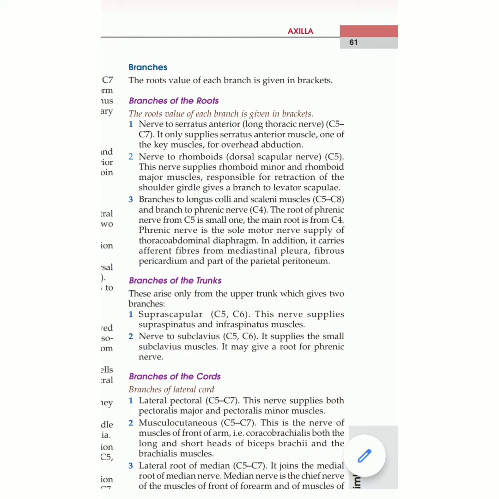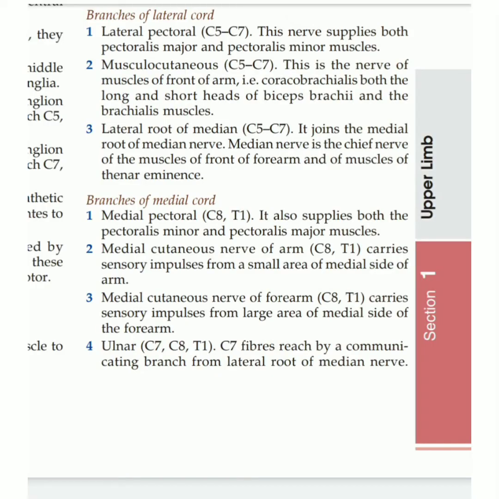Branches of the cords. Branches of the lateral cord. 1. Lateral pectoral nerve, C5 to C7. This nerve supplies both the pectoralis major and pectoralis minor muscles. 2. Musculocutaneous nerve, C5 to C7.